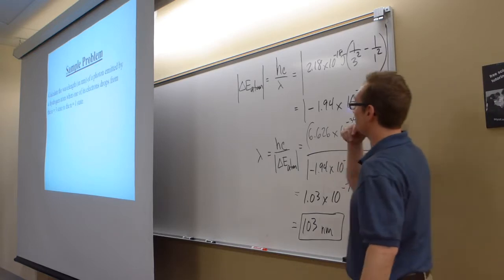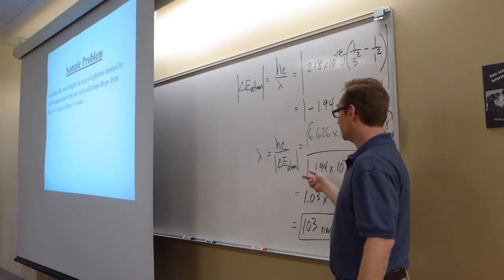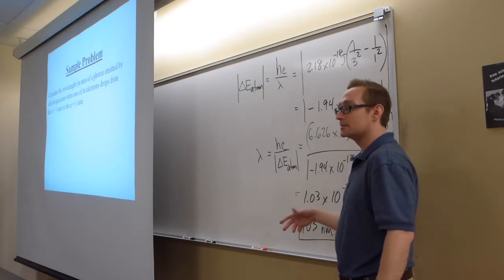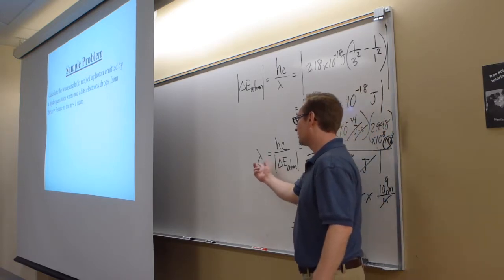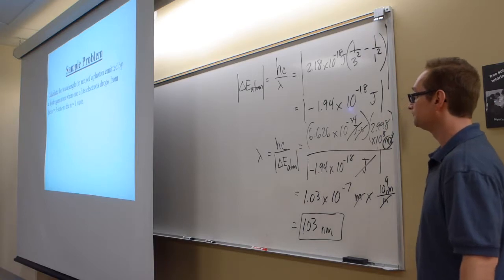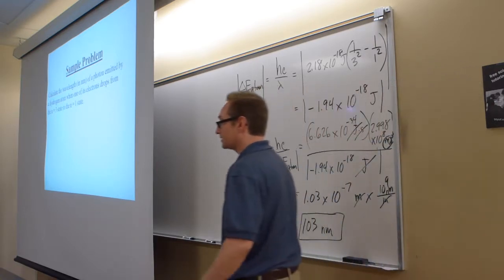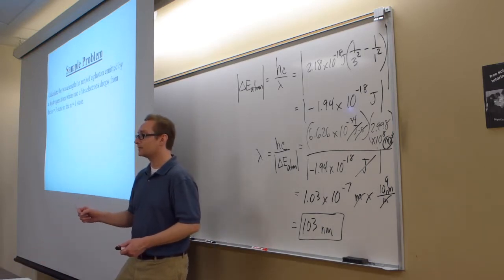What I did was I calculated the change in energy of the atom. It's negative because the electron is dropping down and emitting a photon, so the atom's losing energy with that photon. And then I'm solving for the lambda from that. Does 103 nanometers make sense? The answer is yes, because X-rays have very short wavelengths and are very high in energy.